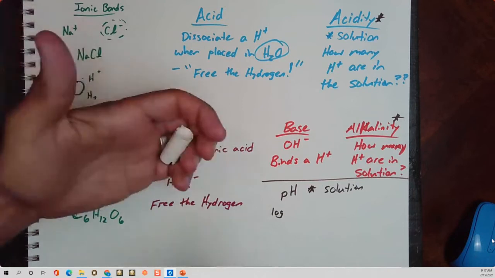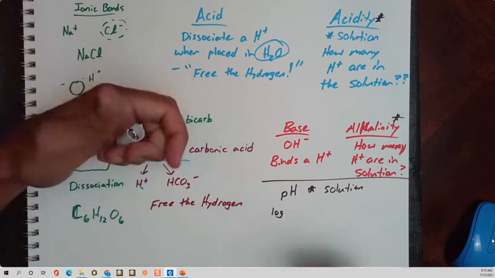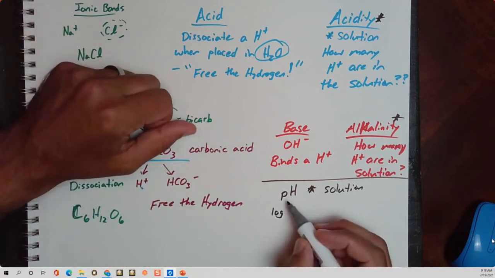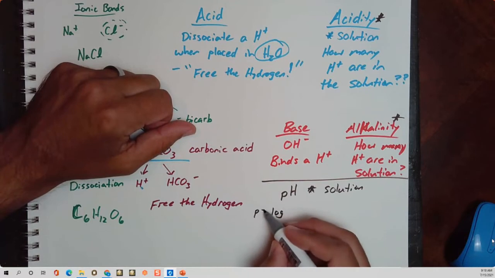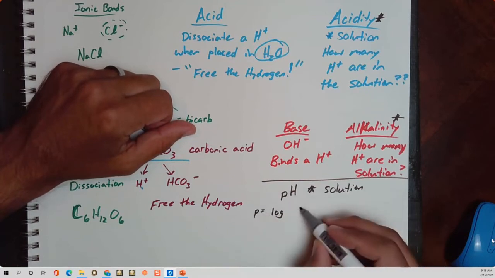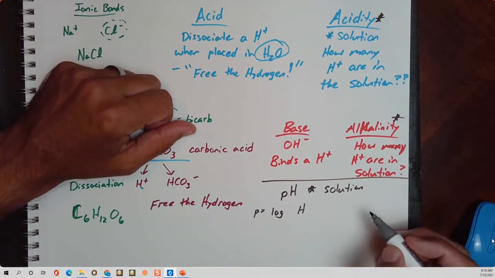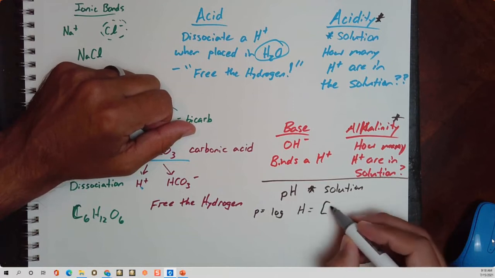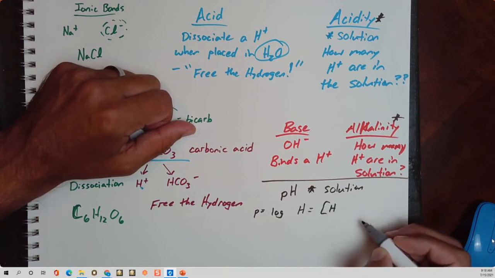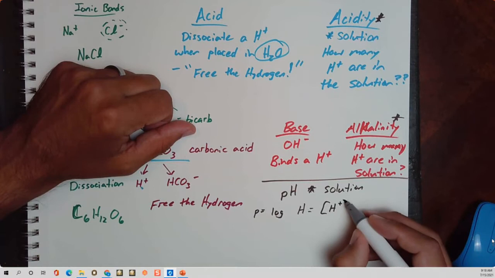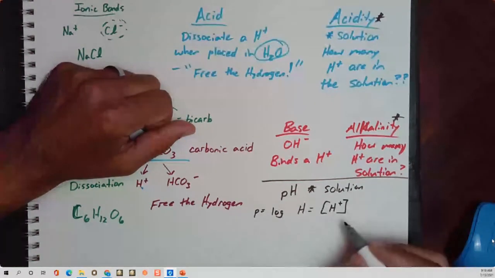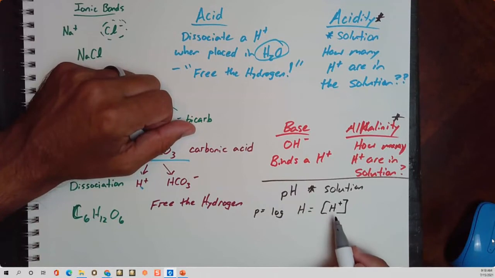I don't know what a log is, I'm just going to press that button. That's what the P stands for. And that capital H stands for the concentration of hydrogens in that solution. So this is a log referring to hydrogens.